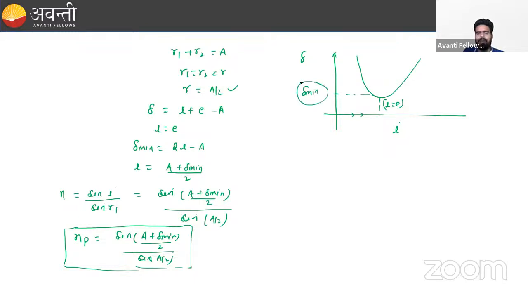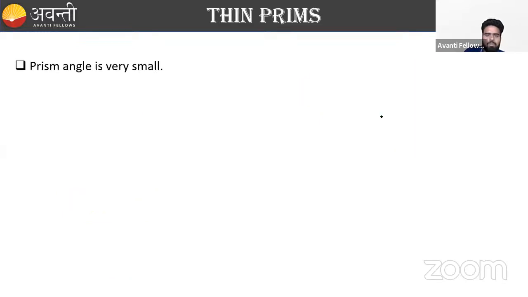This is the minimum angle of deviation. This occurs for I equal to E. Right? Let's move to the thin prism. What is a thin prism?